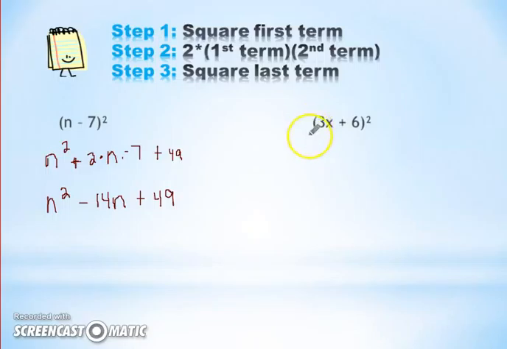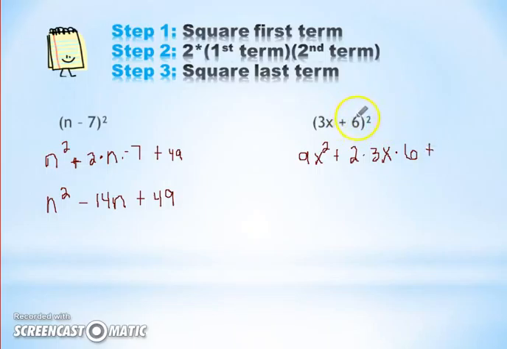Over here, if I square my first term, 3x squared, so 3x times 3x, my first term is going to be 9x squared. That middle term is found by multiplying 2 times my first term, so 2 times 3x, times my second term, so times 6. And the last term is squaring my last term.